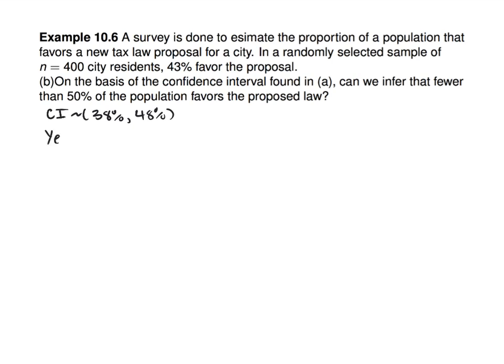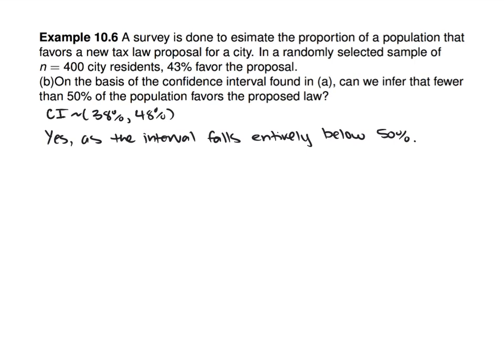The answer is yes, as the interval falls entirely below 50%. If 50% were included in the interval, then that would be a plausible value, and you couldn't conclude that fewer than 50% favor that proposed law.